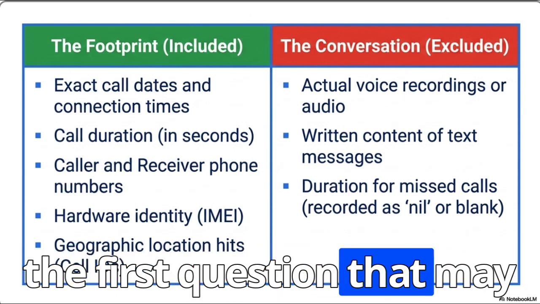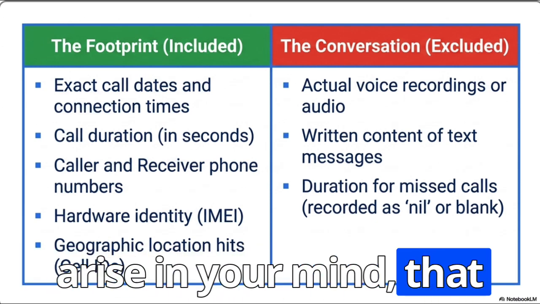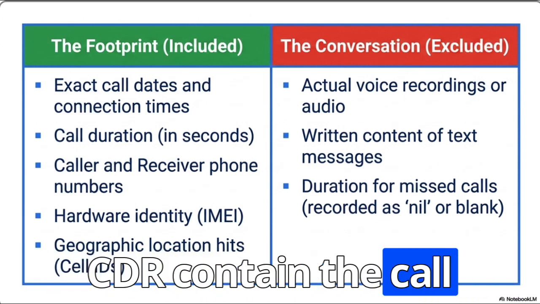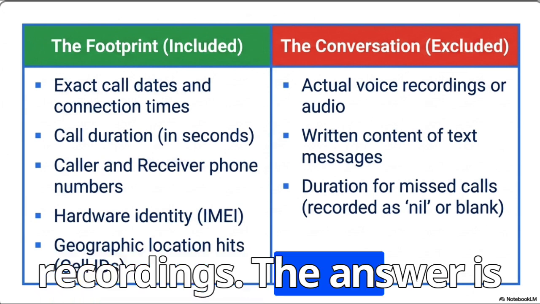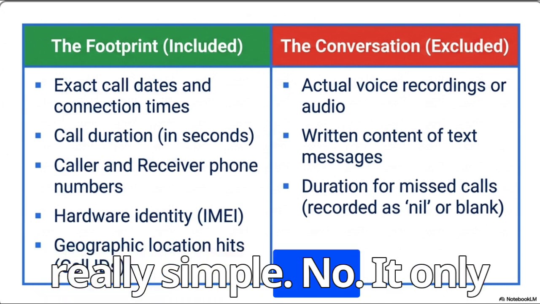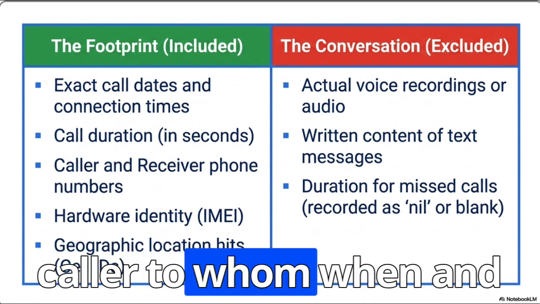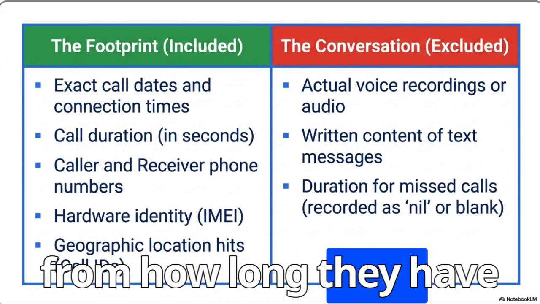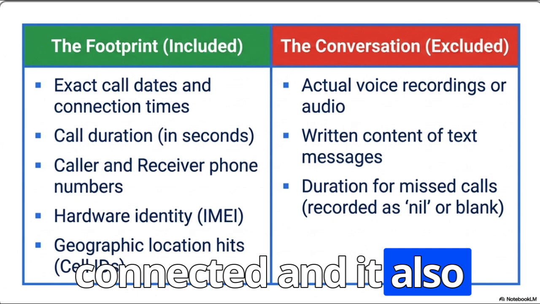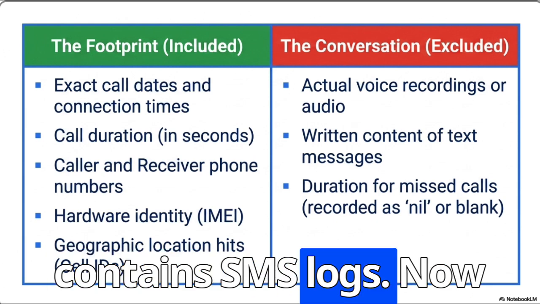So the first question that may arise in your mind: does CDR contain the call recordings? The answer is really simple. No, it only contains the history of the caller, to whom, when and for how long they have connected, and it also contains SMS logs.